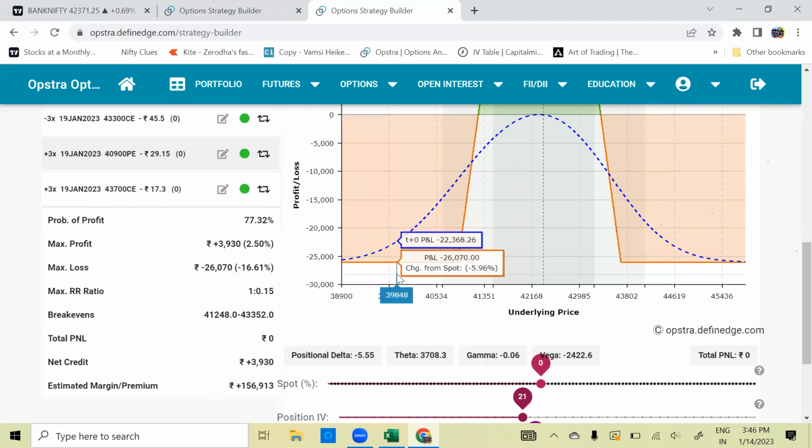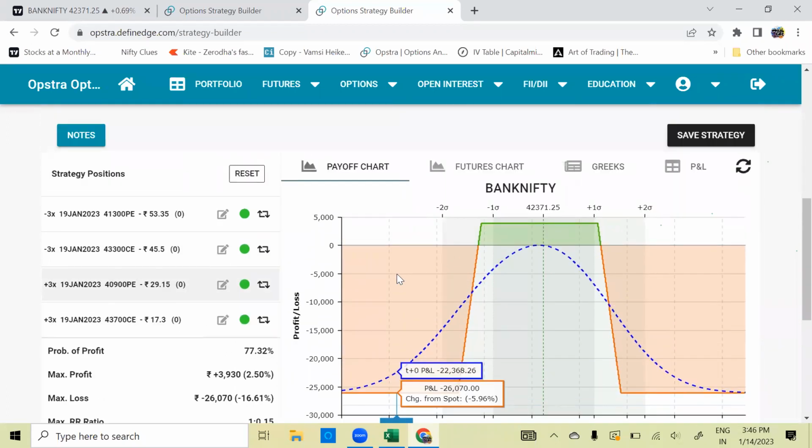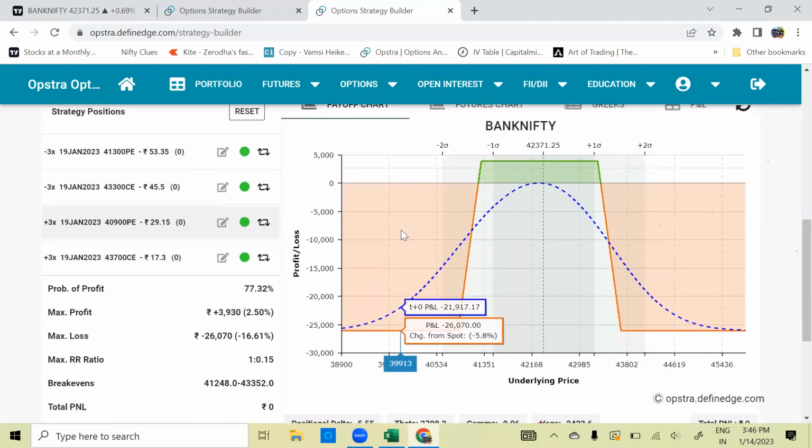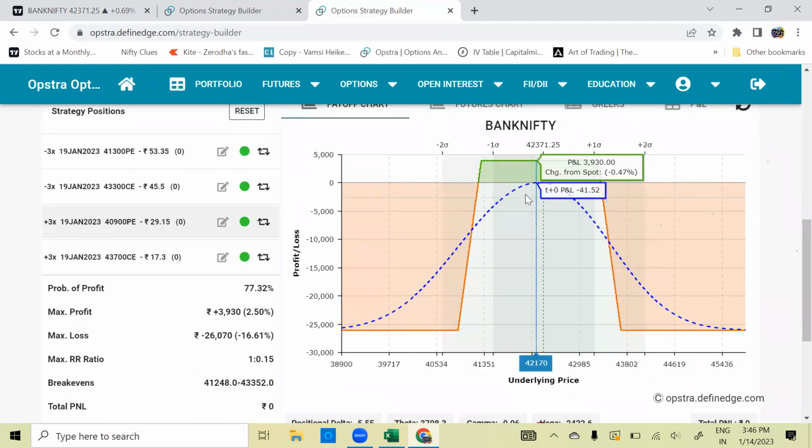Okay, that is a normal thing. Now, let us see the same way: if the market falls 500 points, what happens? I will just go for 871. Yeah, at 871, T plus 0 is showing just minus 1100.